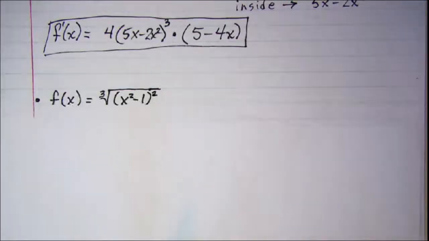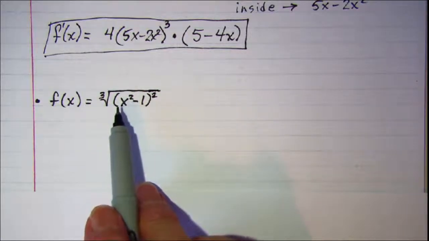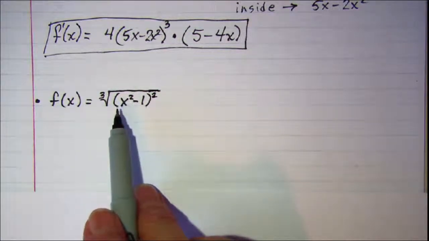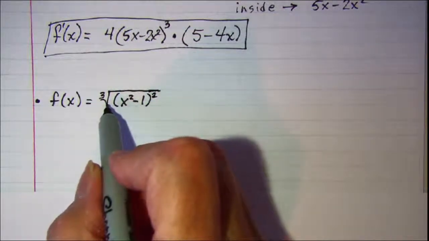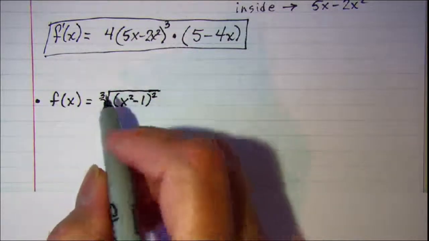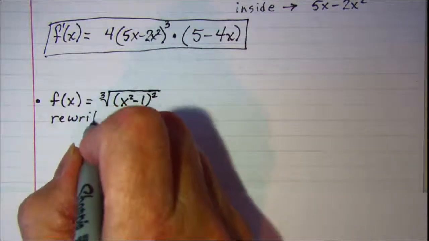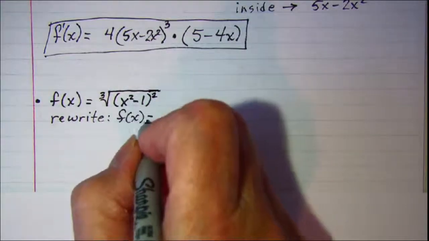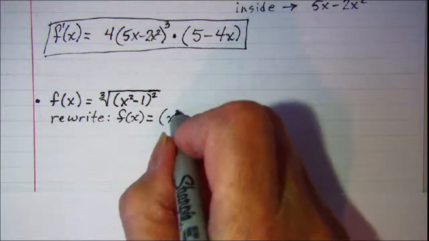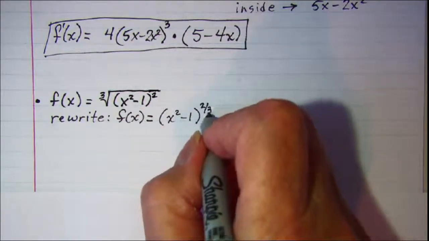Our next example, we want to rewrite this function first before we start using our outside-inside rule. We want to write this radical with a fractional exponent. So our rewrite is f of x equals x squared minus 1 raised to the 2/3 power.